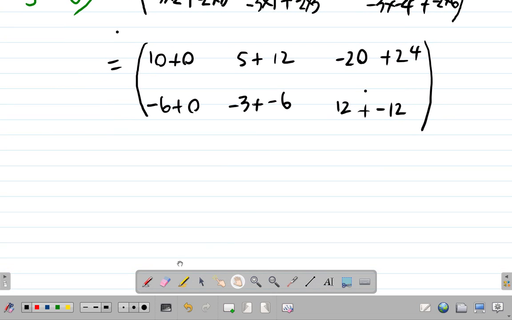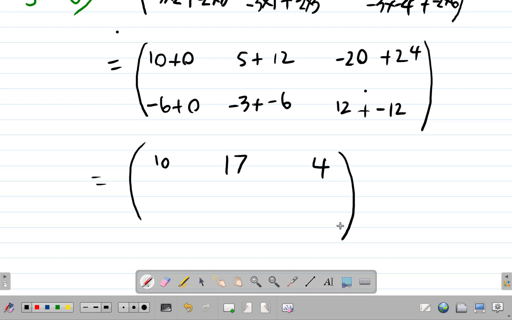We continue to simplify. All of that is equal to 10 plus 0 is 10. 12 plus 5 is 17. Negative 20 plus 4 is negative 16. I can move the bracket closer and put it here.